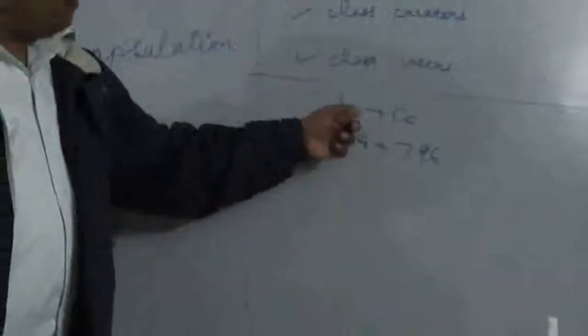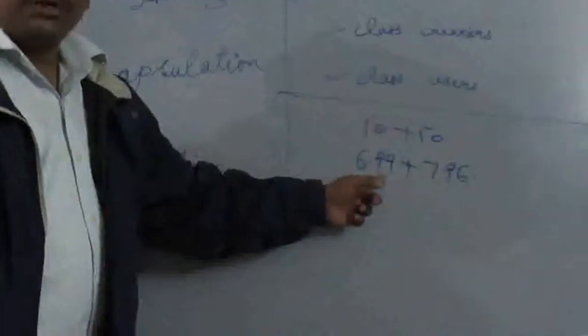Now here I am adding two real numbers, that is two float values, 6.99 plus 7.96. The same plus operator is being used for adding two integer values and for adding two float values.